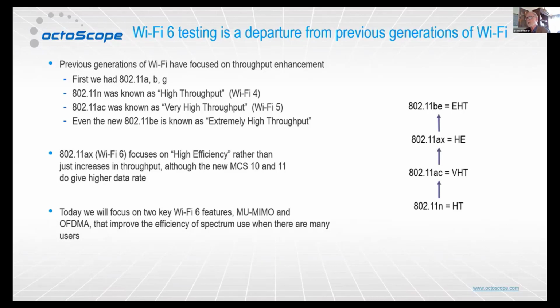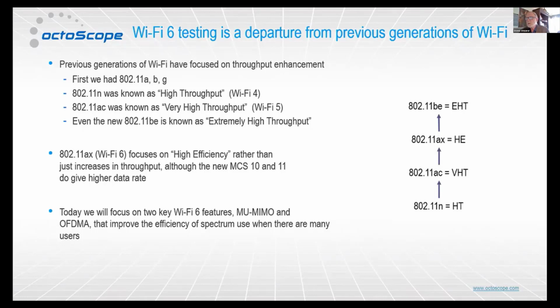Just as an introduction, I want to point out that Wi-Fi 6 testing is really a departure from previous generations of Wi-Fi. In the beginning, we had 802.11b that evolved through A and G, later through 11n, which was known as high throughput, Wi-Fi 4. 11ac came in as very high throughput, or Wi-Fi 5.